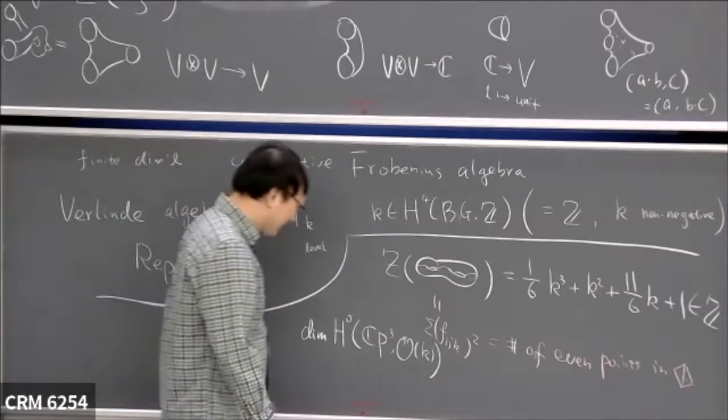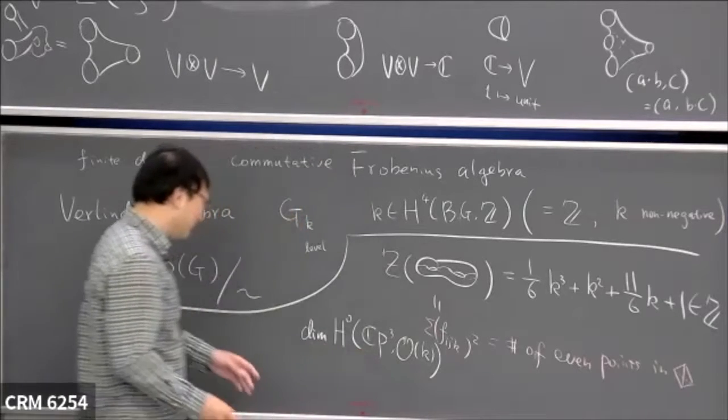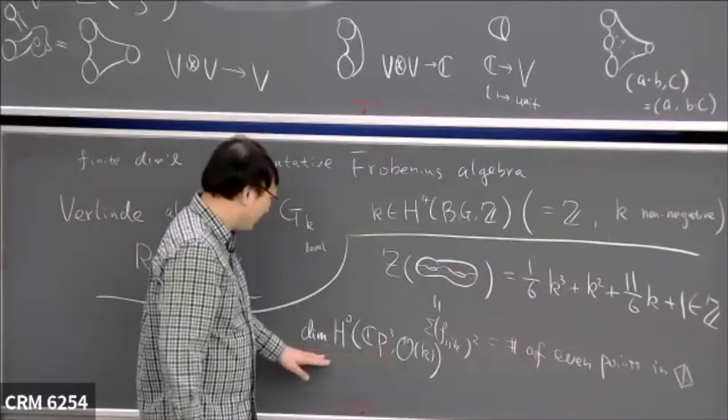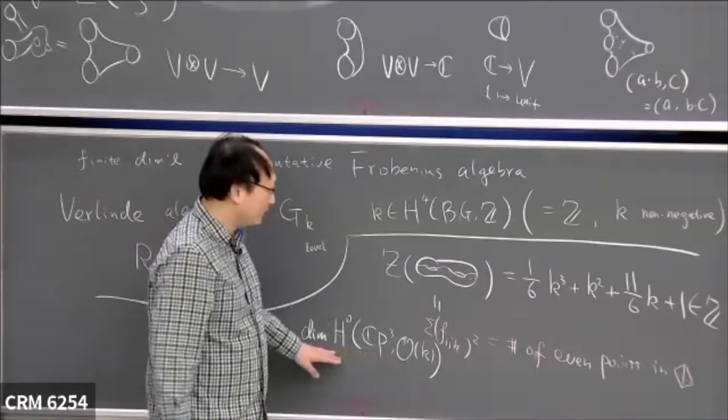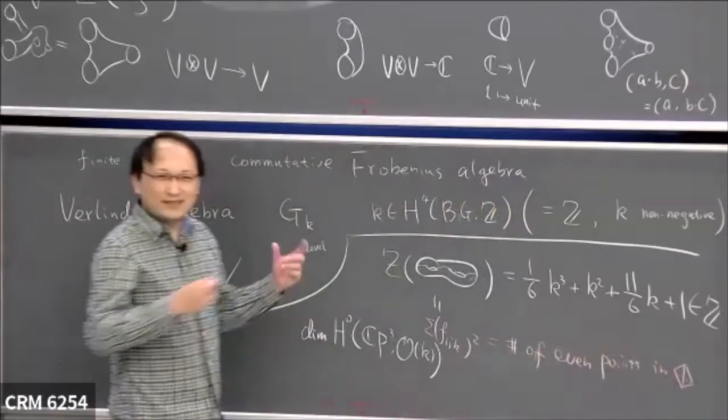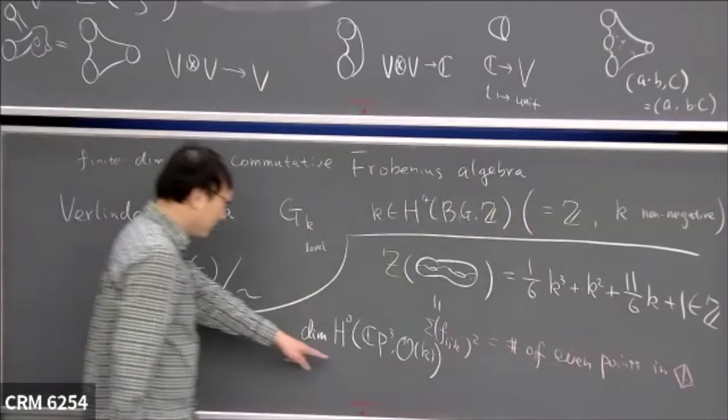So why is that the case? If you still remember how to count holomorphic sections, you realize that this exactly corresponds to the number of points inside the tetrahedron. Why is that the case?